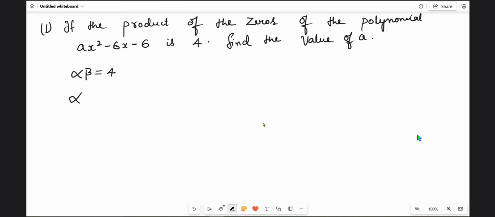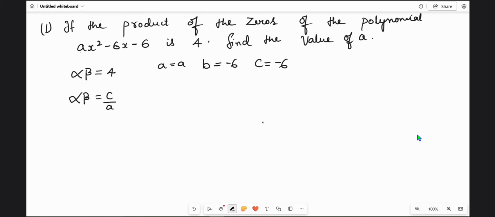Correct. Now, here we have the standard form ax square plus bx plus c, correct? When you compare that, what is A, the coefficient of x square? Equal to A only here. What about B? Minus 6. C, it is minus 6.